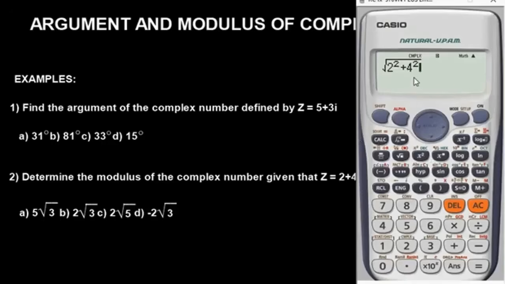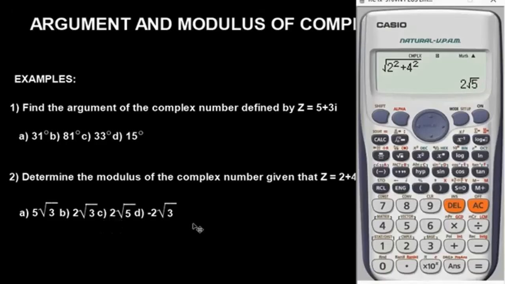Note that you don't have to include the i sign when solving modulus. If you include it, you get a wrong value as an answer. So let's press equal to now and see what we will get as an answer. 2 root 5. So the answer to this question is option C, which is 2 root 5.